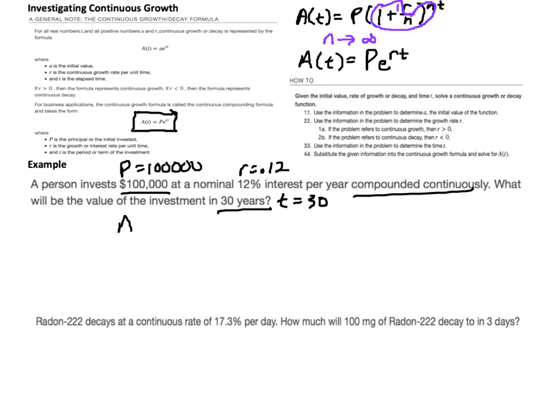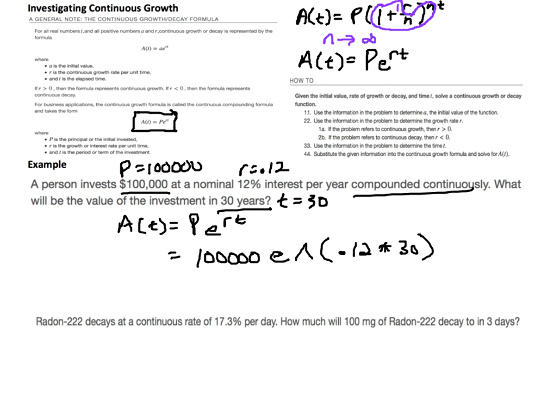So A of t, in this case, since we're compounding continuously, is P times E raised to the rt. My principal is 100,000, and I'm going to multiply that by E raised to the 0.12 times 30.